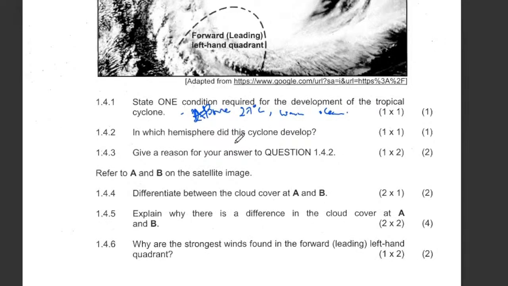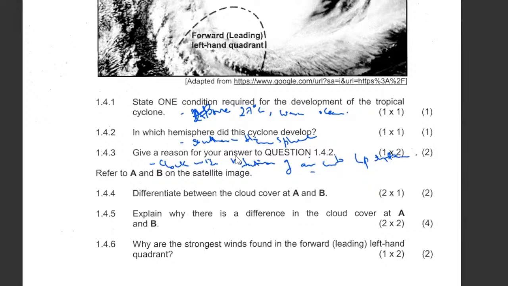In which hemisphere did this develop? This is the southern hemisphere. Give a reason for your answer. One, clockwise rotation into a low pressure system.